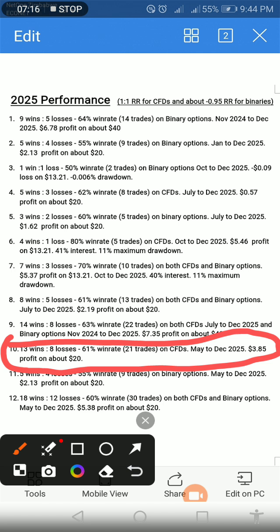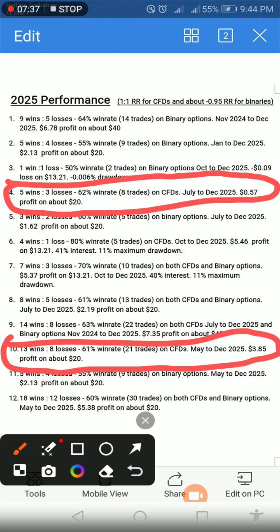And then from July to present, remember I told you that I added another strong sentiment to my trading. So you can see that from July to December on my CFD trades, the win rate improved, and I now had a 62% win rate, although still just on 8 trades.